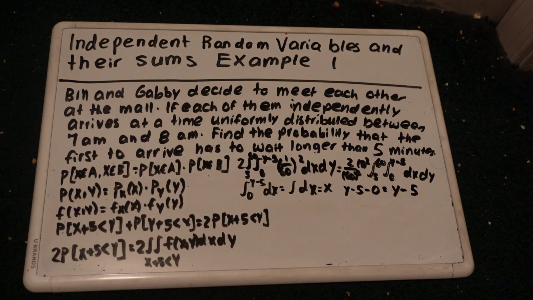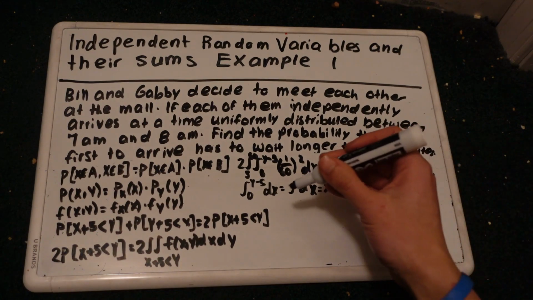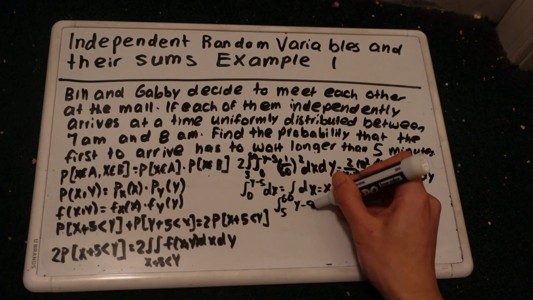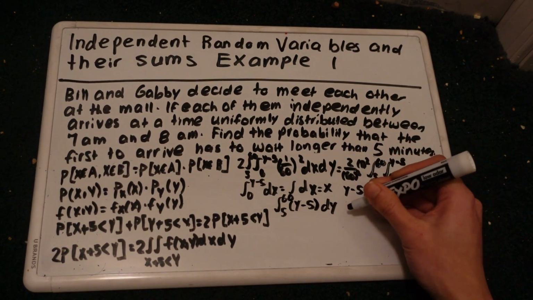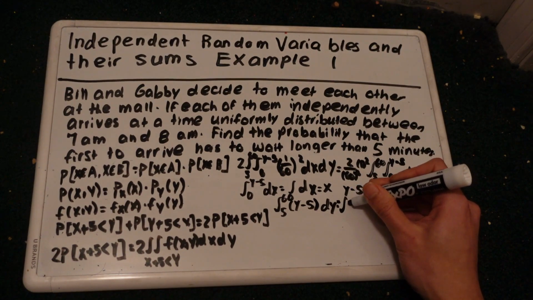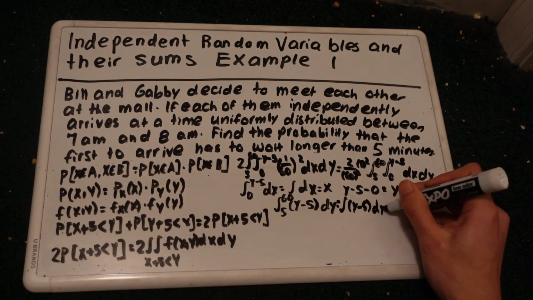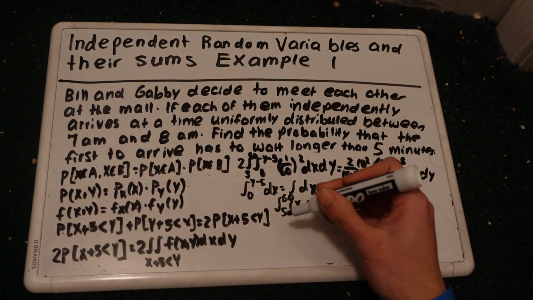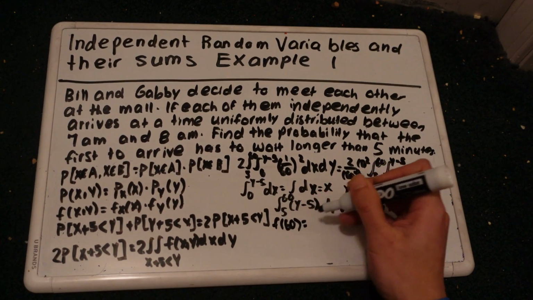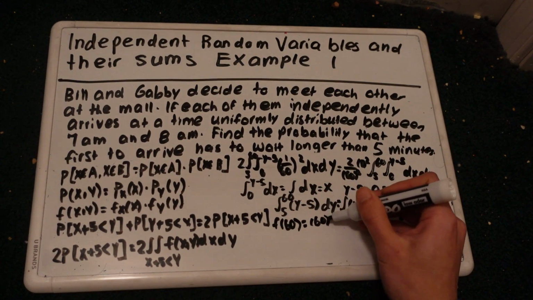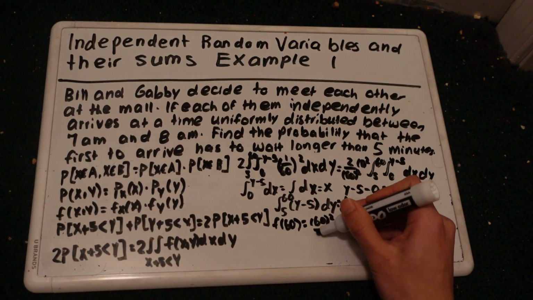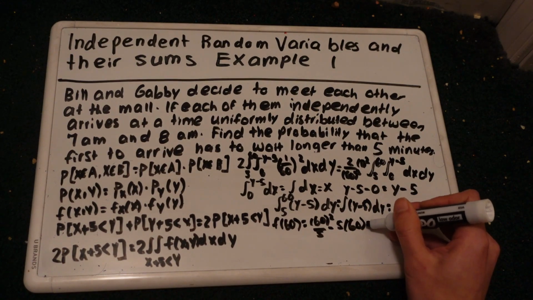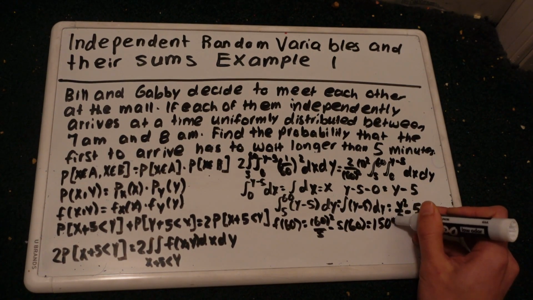Now let me work with the y integral, in other words, dy. So let's do the integral from 5 to 60 of y minus 5 dy. I'll take the integral of y minus 5. It's just y squared over 2 minus 5y. I'll just plug in 60 here, and we get 1500.